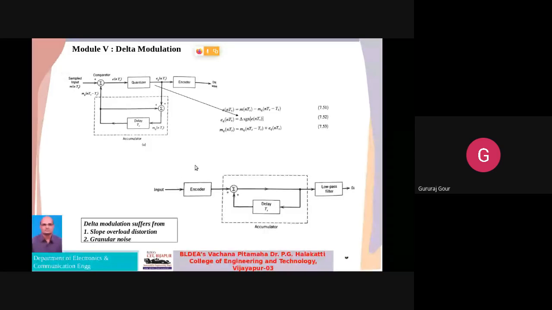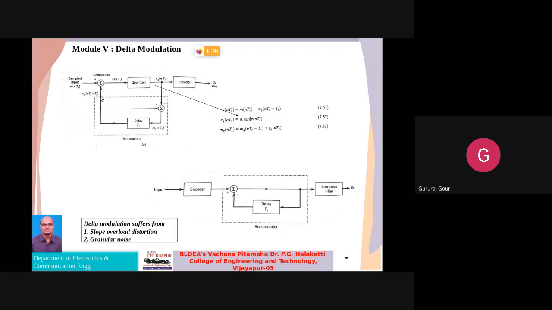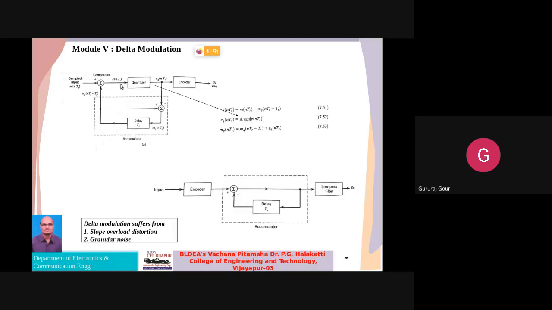So delta modulation basically consists of two blocks, transmitter and receiver. The transmitter mainly consists of the comparator, which compares m of nTs with mq of nTs minus Ts. This equation is represented by this small section, the comparator.